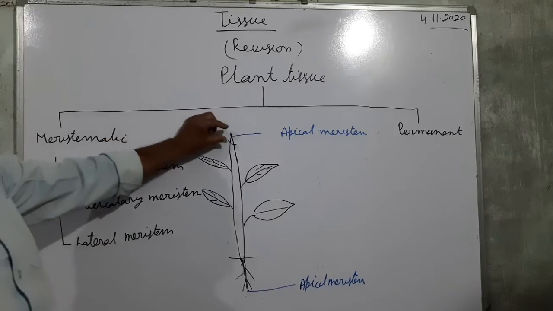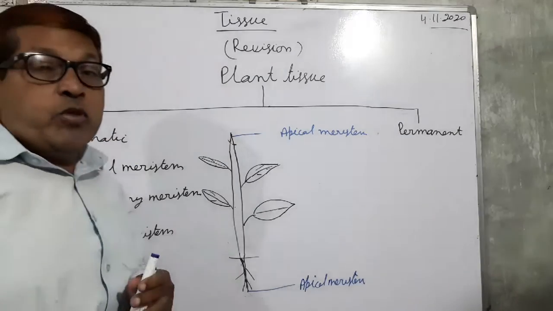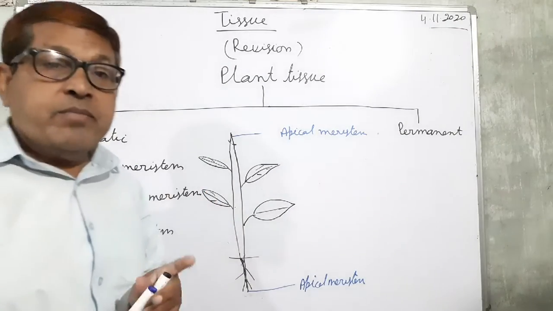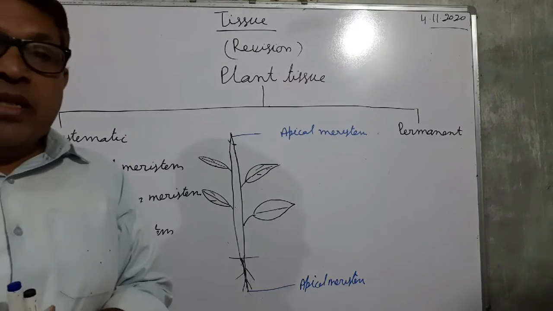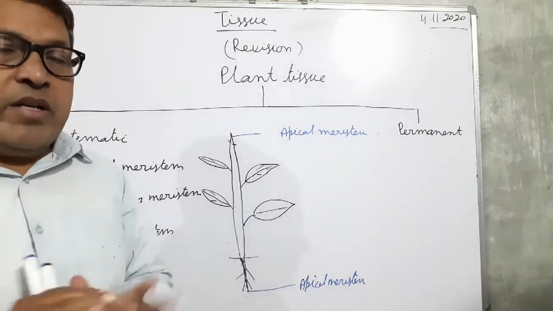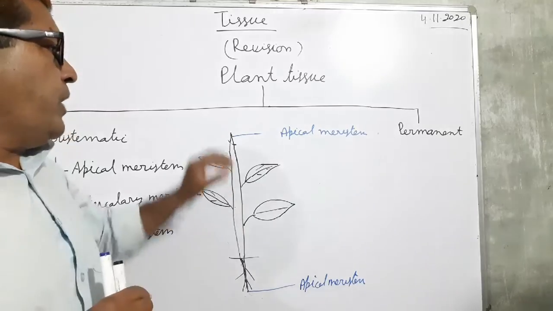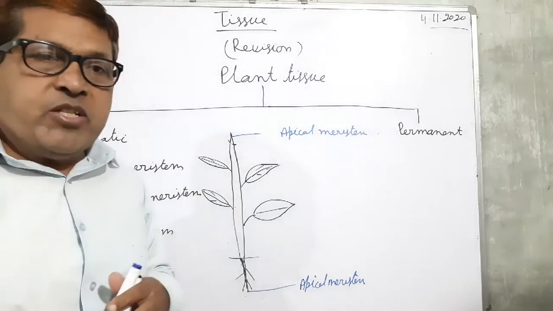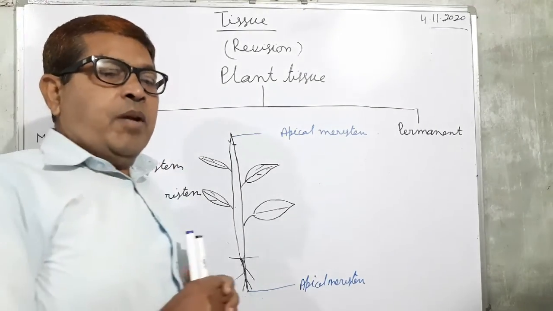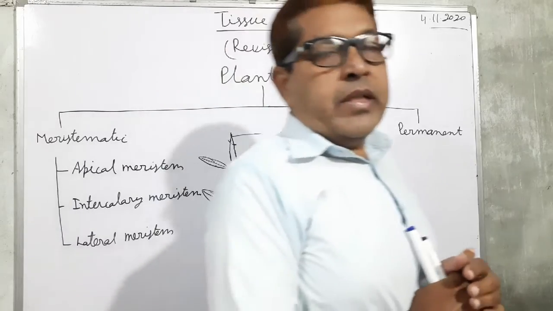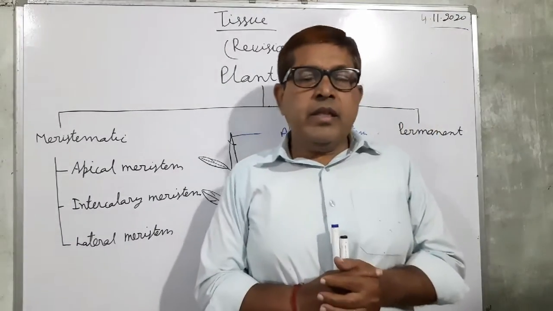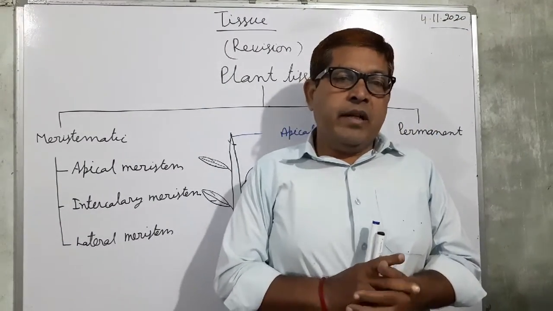These meristems are responsible for the increase in the length of the plant. Due to the activity of apical meristems, the plant increases in its length.